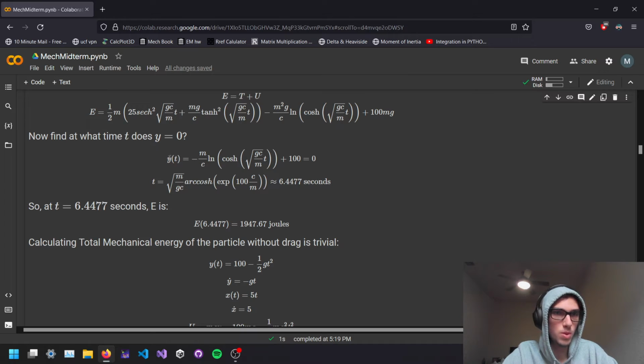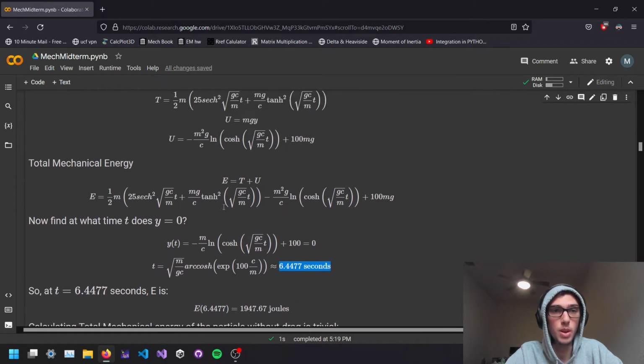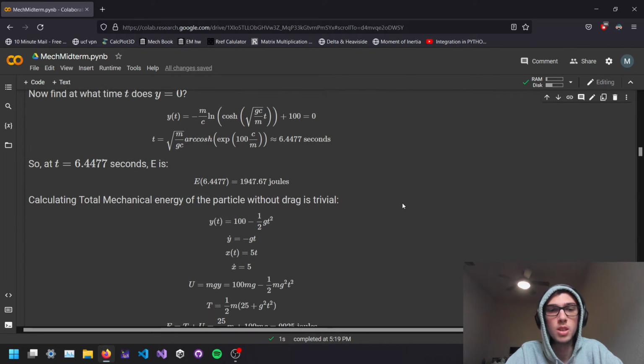So all we have to do is just find where y equals 0 and then solve for t, which gives us this expression here. Everything here is a defined function or a constant. Therefore, we get 6.4477 seconds. So plugging 6.4477 into our equation for energy, we get energy at the end of the trajectory is 1,947.67 joules.